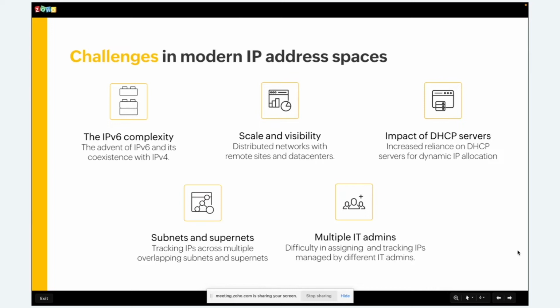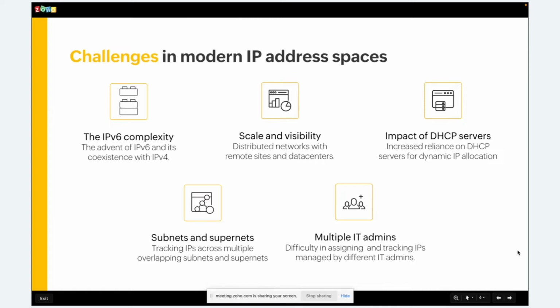So when you have such a distributed network, it is important that you have a solution in place that gives you visibility over your entire network in one place. That is a very important step in managing your IP address spaces more efficiently and effectively. But that can be a challenge with traditional and outdated tools that do not give you the capability to scale your network and have complete visibility into your network.